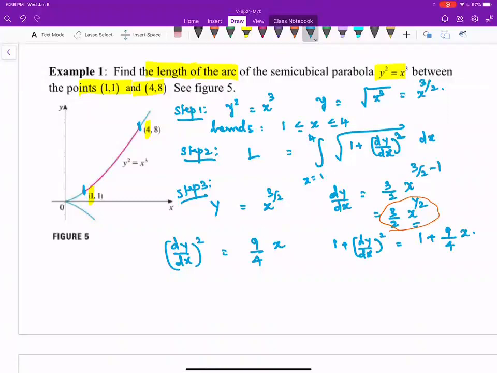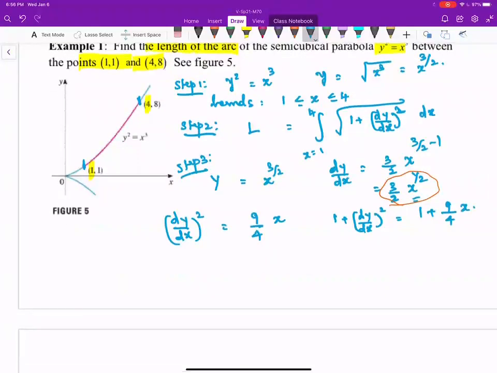You can either keep the expression as is, or you can also try to simplify this. It doesn't matter in this problem. So we have 1 plus 9 by 4 x for the expression inside the radical. So let's evaluate the integral now.